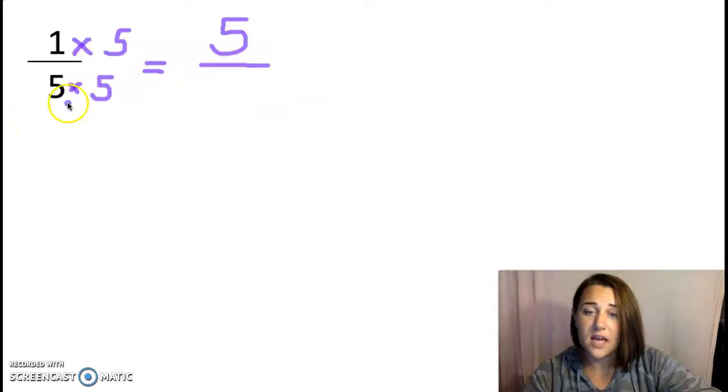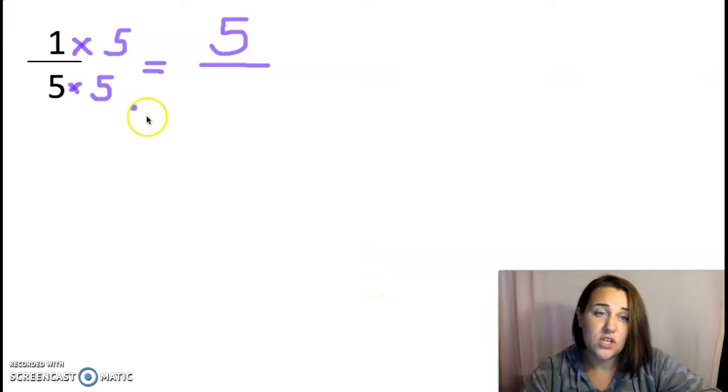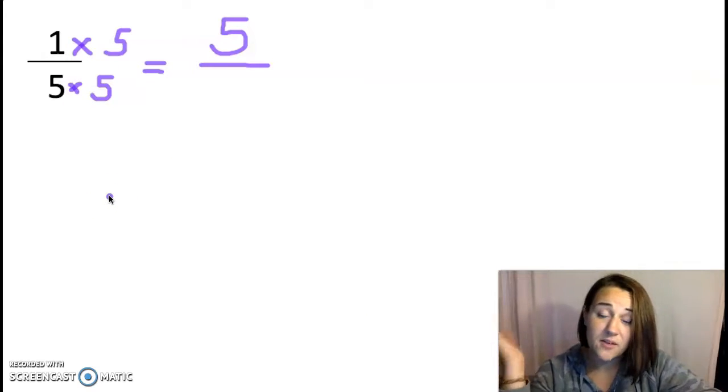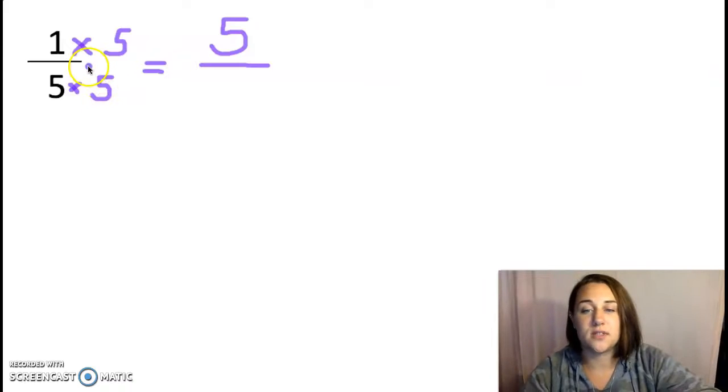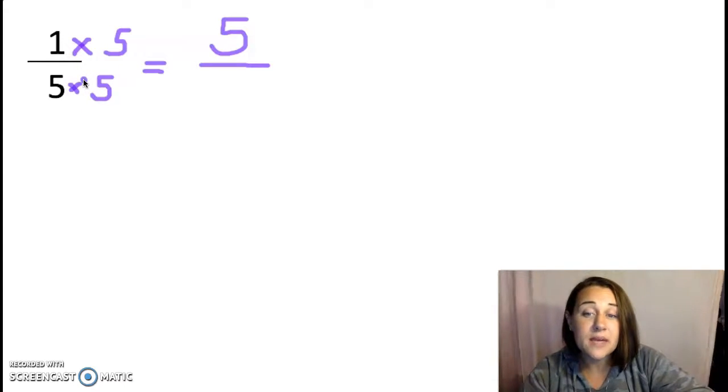Now I come to my denominator, and now I'm doing 5 times 5. So, again, we have all different ways that we could do this. We could make 5 groups and put 5 in each group and then count. We could use touch points, right? Or if you have them memorized, even better. So I'm going to use touch points, because I know a lot of my friends like to use the touch points. So I'm going to skip count by 5 on my 5 dots.